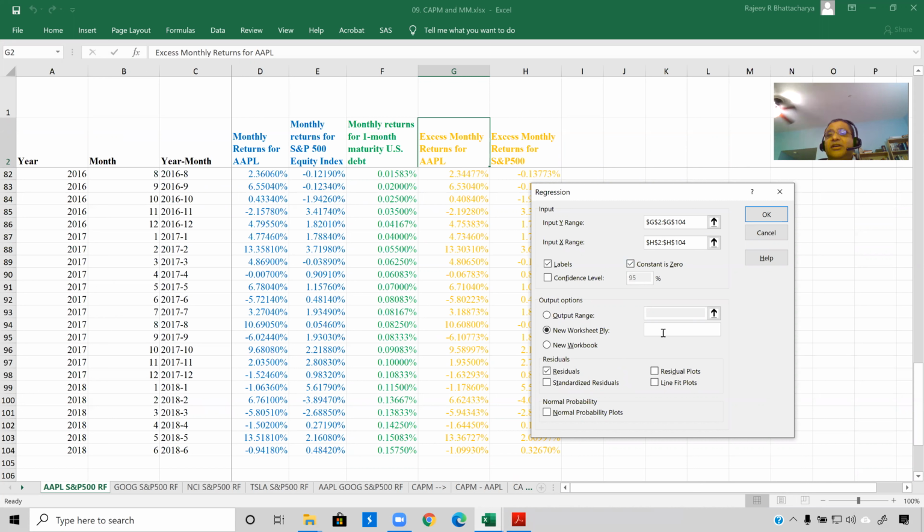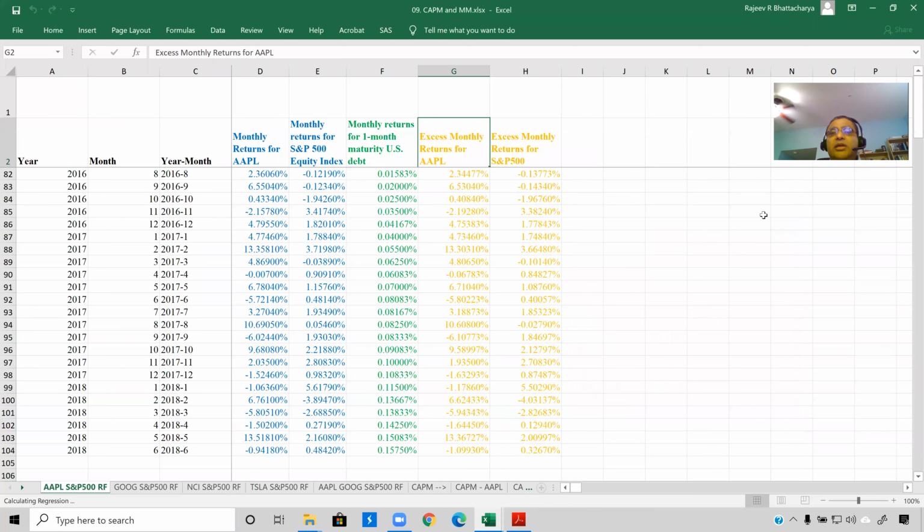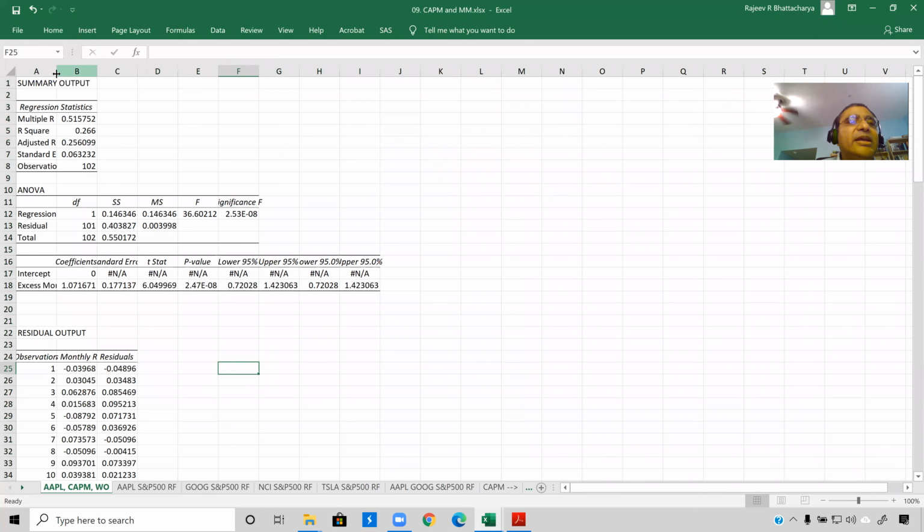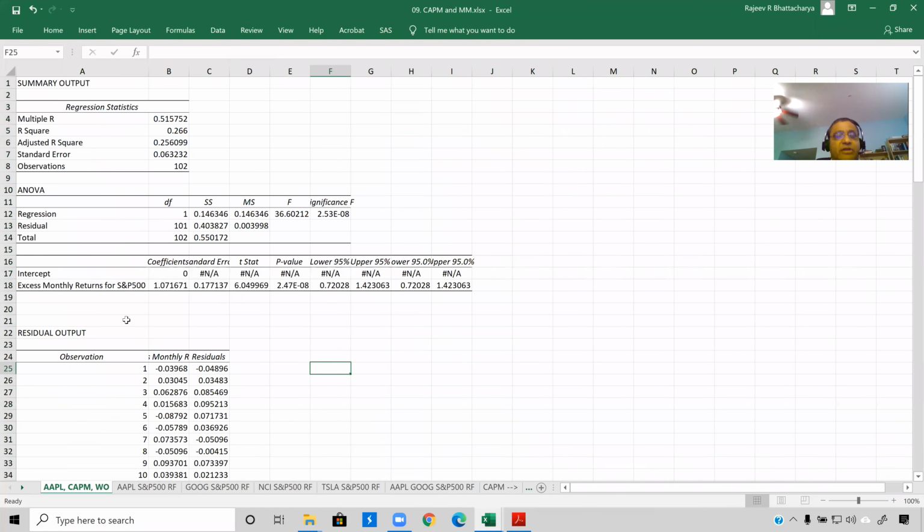Let's make sure we are getting it right. Let's give it a new name, let's say Apple CAPM WO. All right, so here we have the Excel results of the regression.